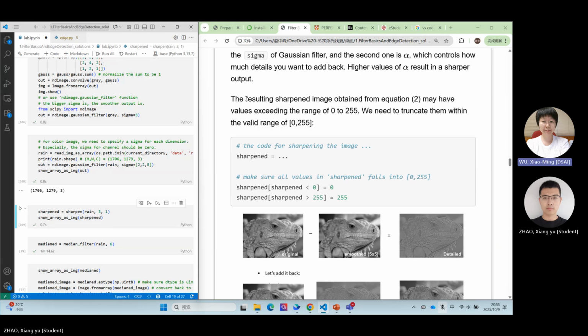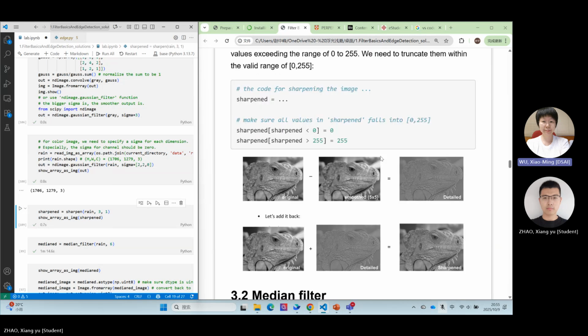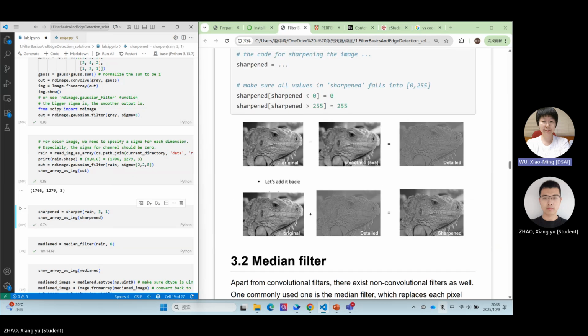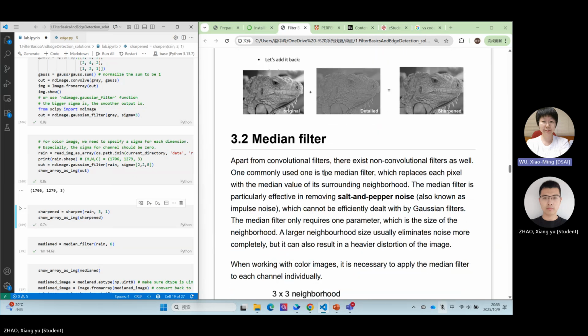Also, there is something you need to take care of, because the sharpened images obtained from equation 2 may have values exceeding the range of 255. You need to clip them within the valid range of 0 to 255. Otherwise, it will have some bugs in your code.